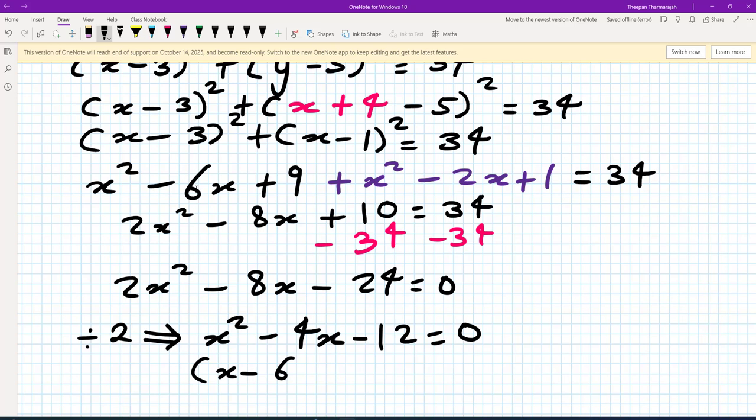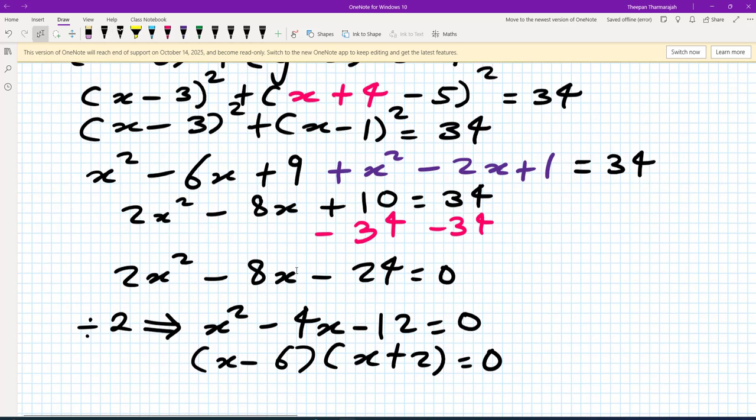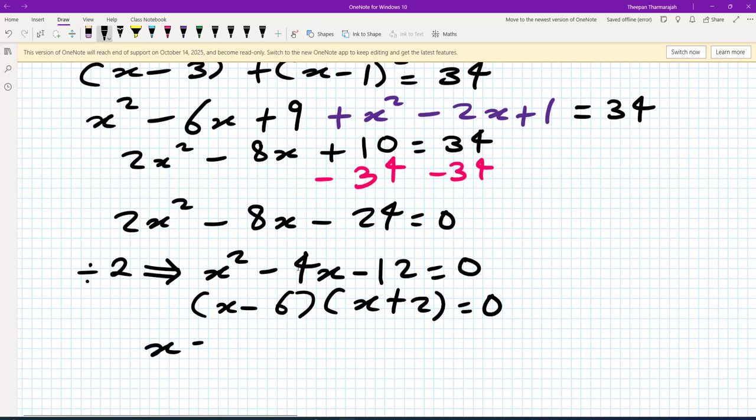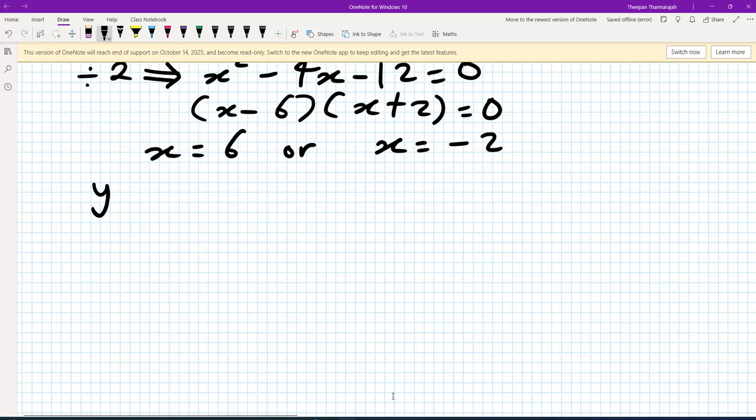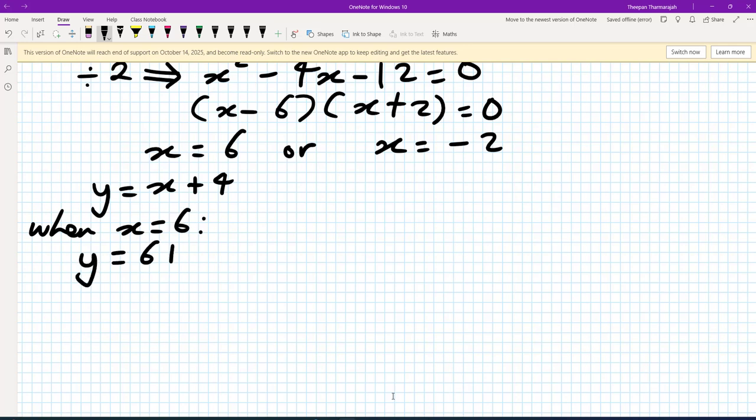So we get (x minus 6)(x plus 2) equals 0. So we're going to get x equals 6 or x equals minus 2. Writing our y equation down, which was y equals x plus 4. Just going to double check that. Yep. So you write that underneath it. So we can say when x equals 6, y is equal to 6 plus 4, y equals 10.